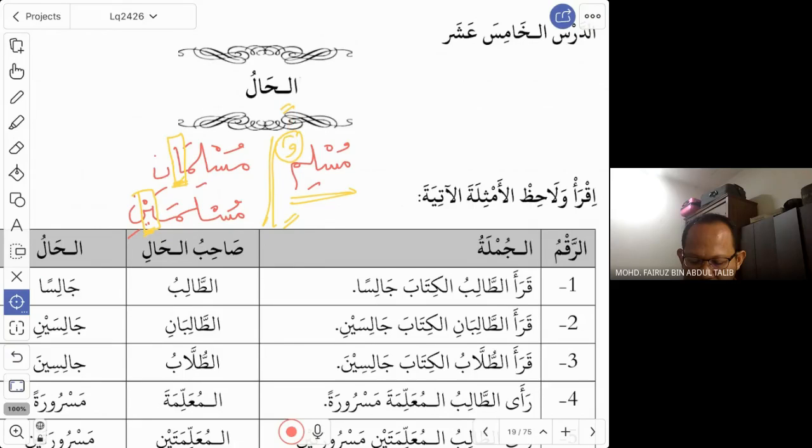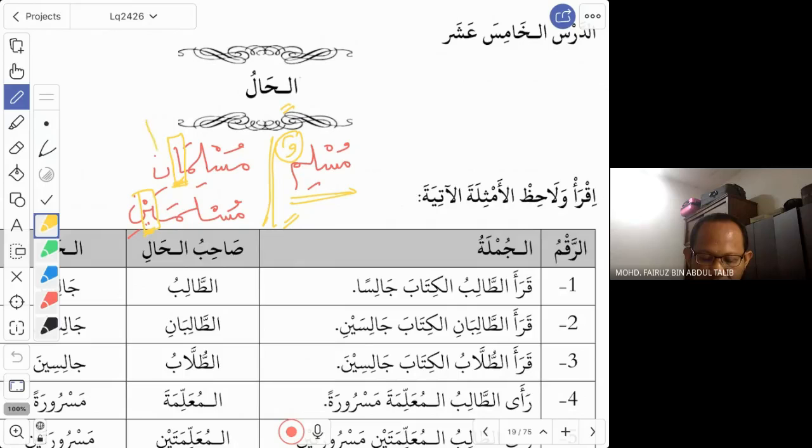Muslimin is for majrur. So for Muslimani, the alif is the version that you have to use if the word is in the state of marfu. Whenever it is marfu, you end it with an alif. For example, it is a fa'il, or a mubtada, then you end it with an alif.